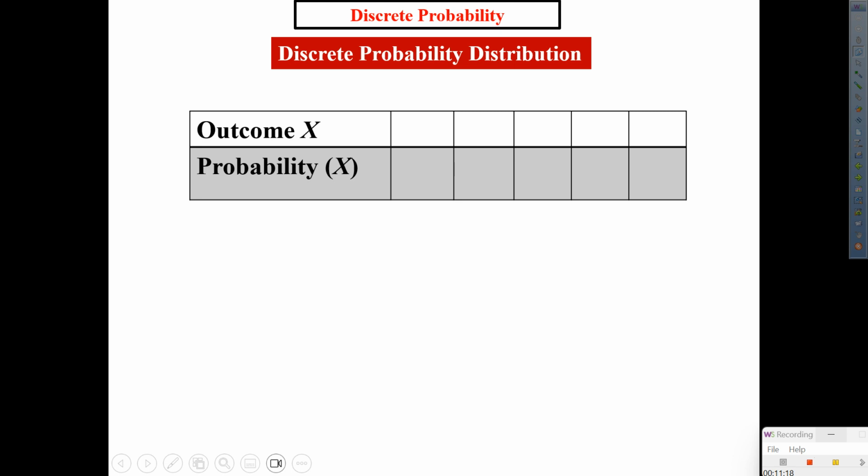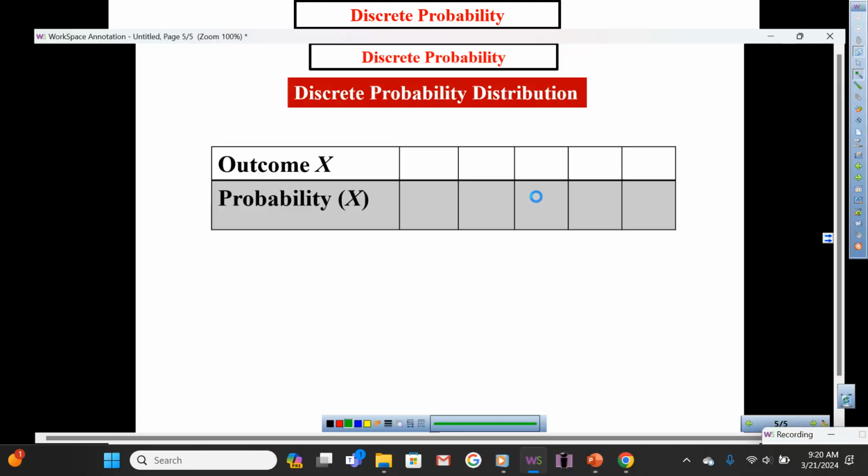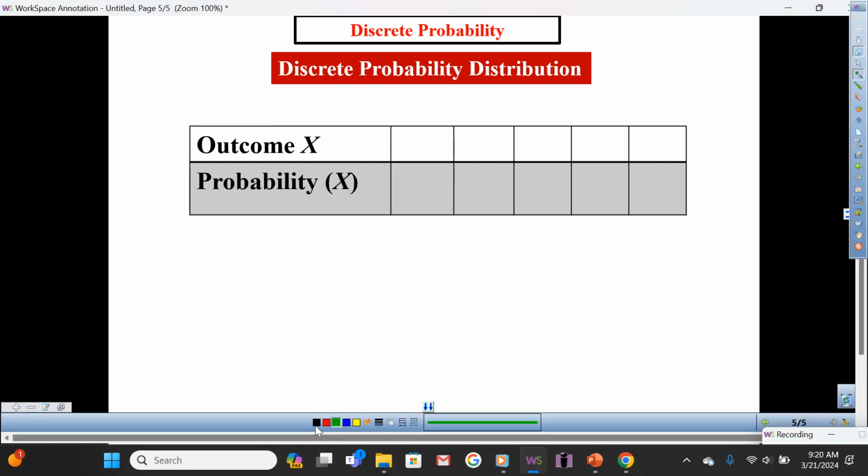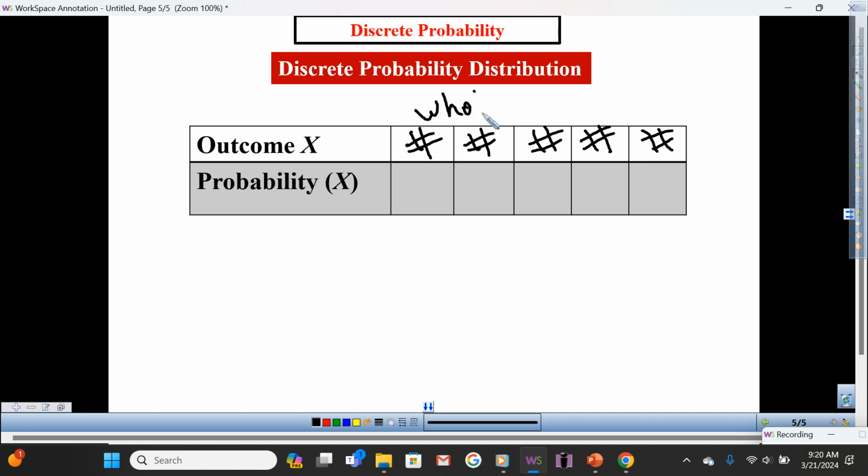For example, here's an example that I gave you. Here's a table. This is a discrete probability distribution. So let's say they gave us a problem and you wanted to fill this in. Well, what goes up here? Up here go numbers. And I'm trying to be as clear as possible so that you understand what this is without getting too confused. What kind of numbers? These are whole numbers.